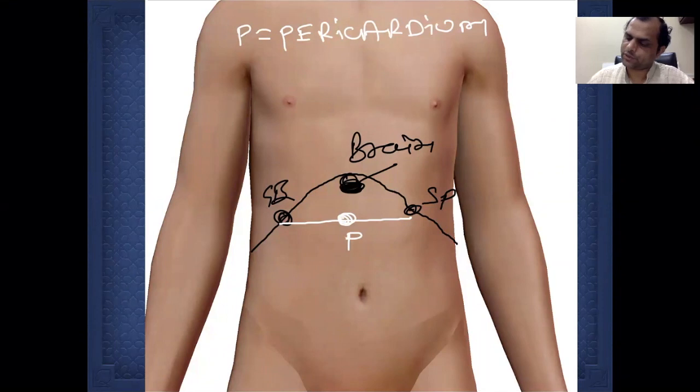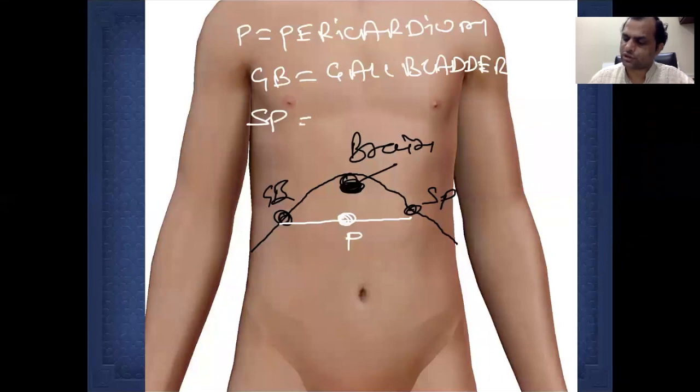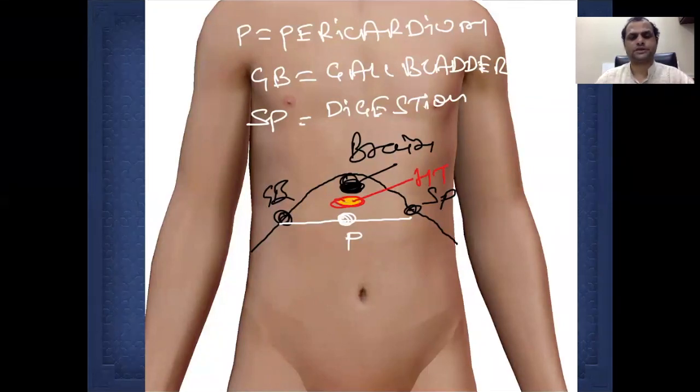Here the meaning of GV is gallbladder. Here the meaning of spleen is digestion as well as pancreas. So now what is our next point? Between brain and pericardium, this is the center point. And this is connected with the heart.